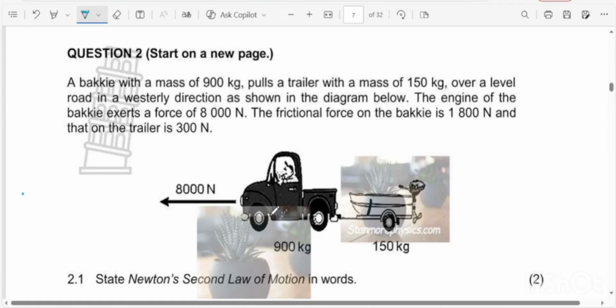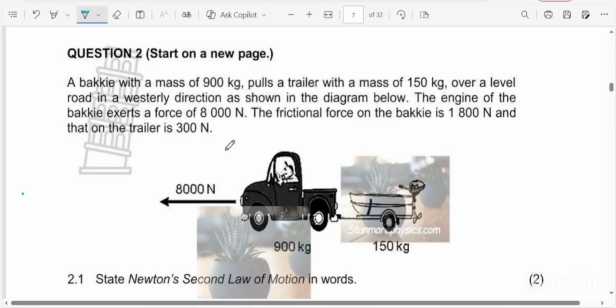So on this question it says that we have a bakkie with a mass of 900 kg. It pulls a trailer with a mass of 150 kg over a level road. So now one thing I need you guys to do is to pause the video, make sure that you work through the problem.